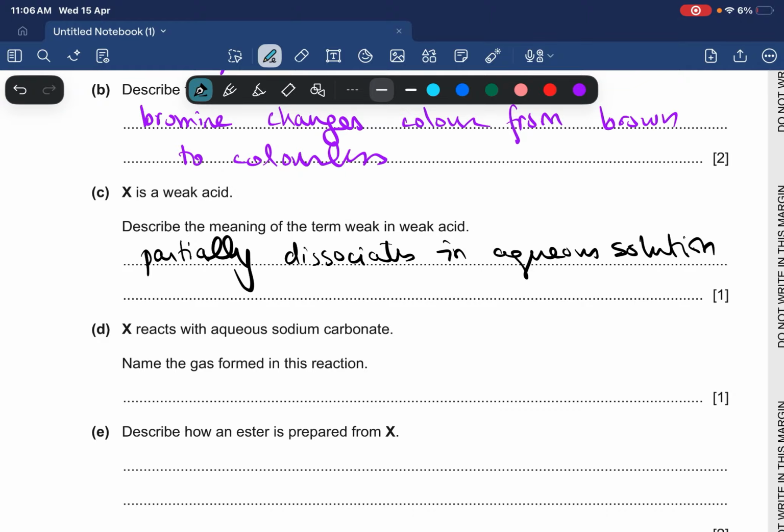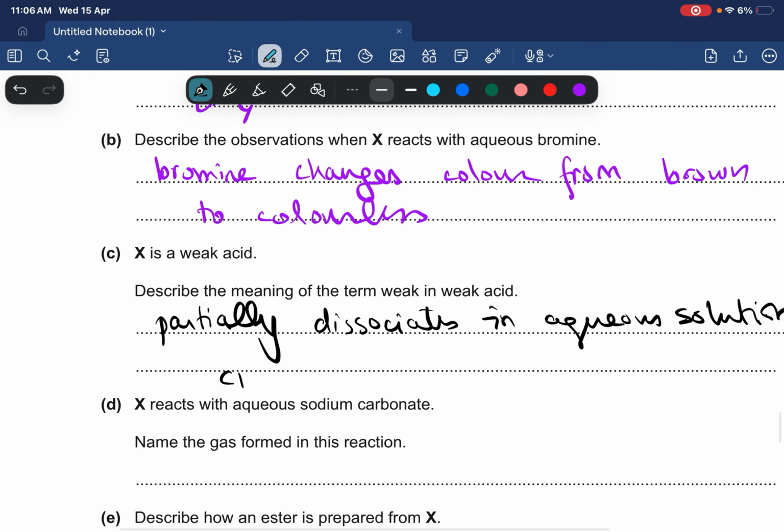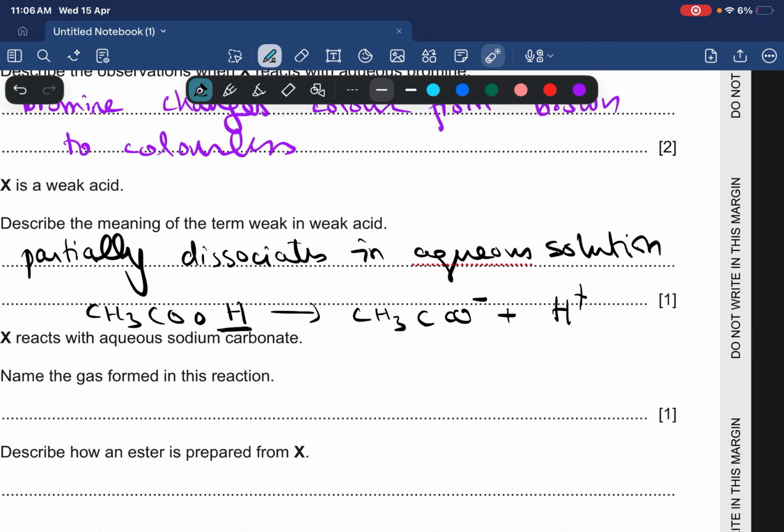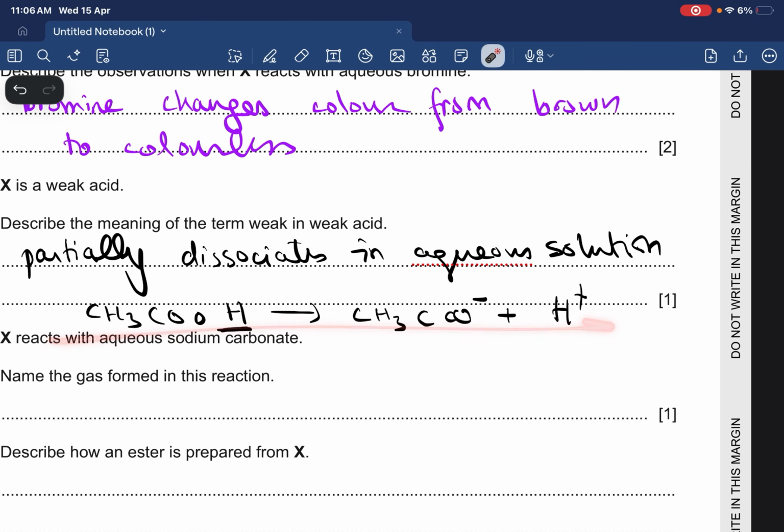If you have ethanoic acid, which is CH3COOH, you know this H has to dissociate and form CH3COO negative plus H plus. Now, if it's a weak acid, all the carboxylic acid molecules are not going to form this H plus. Some are going to remain like this.